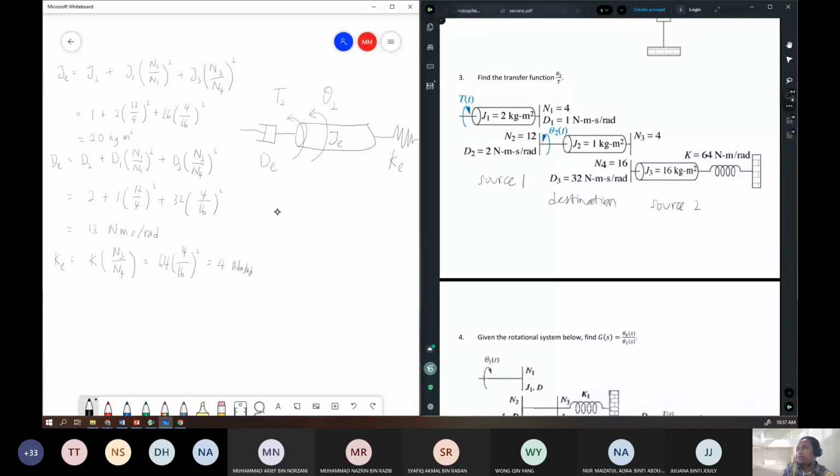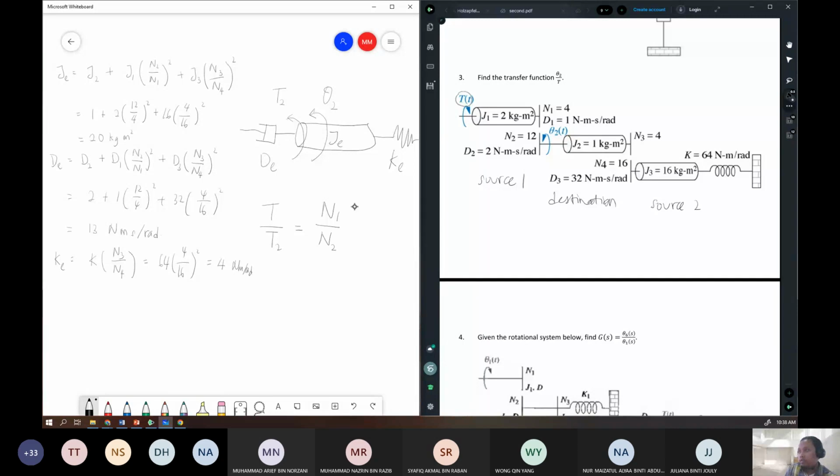So what is T2? We need to transfer this torque here. The formula, I forgot again, let's look back. Okay, so T1 over T2, or T over T2, equals N1 over N2.